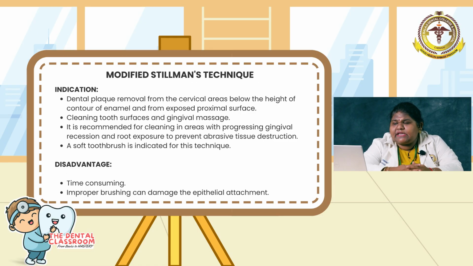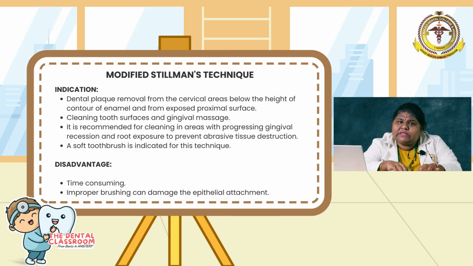The modified Stillman's technique is indicated for dental plaque removal from the cervical areas below the height of contour of the crown, from exposed interproximal areas, for cleaning tooth surfaces and for gingival massage. It is recommended for cleaning in areas with progressive gingival recession.